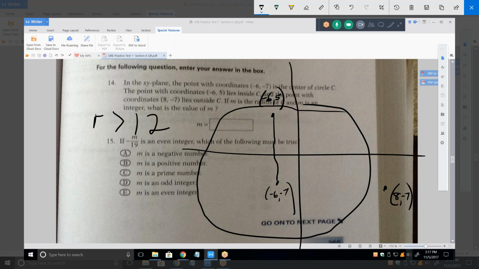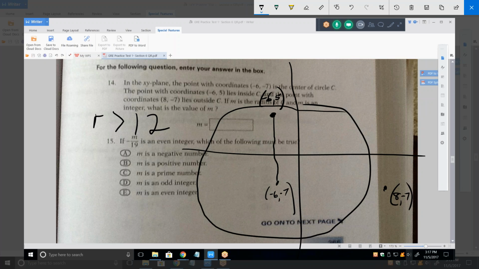And it tells us that the radius is an integer. Well, hold on. Let's get to that. At the moment, the only thing I know is the radius has to be greater than 12. Not greater than or equal, but greater than 12. Otherwise, this point would not lie inside the circle. If the radius was exactly 12, it would lie on the edge of the circle.